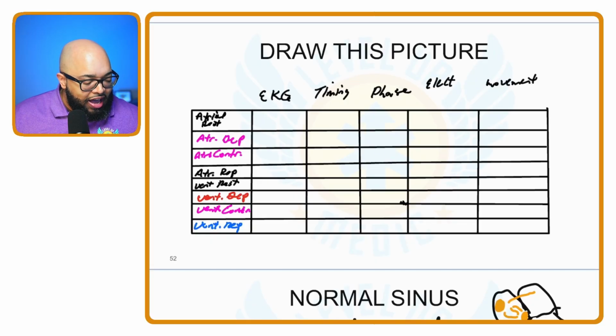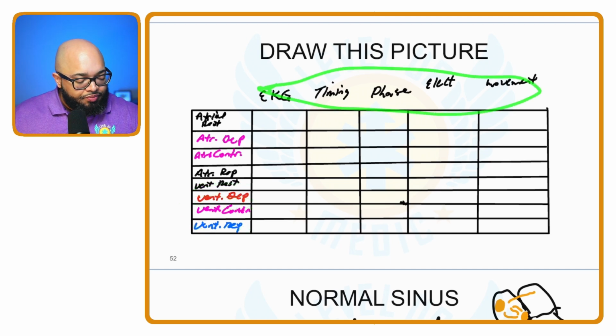The very first thing is the atria are at rest. Down this left column, I have the different phases: atrial rest, atrial depolarization, atrial contraction, atrial repolarization. Then I have ventricular rest, ventricular depolarization, ventricular contraction, ventricular repolarization, right?